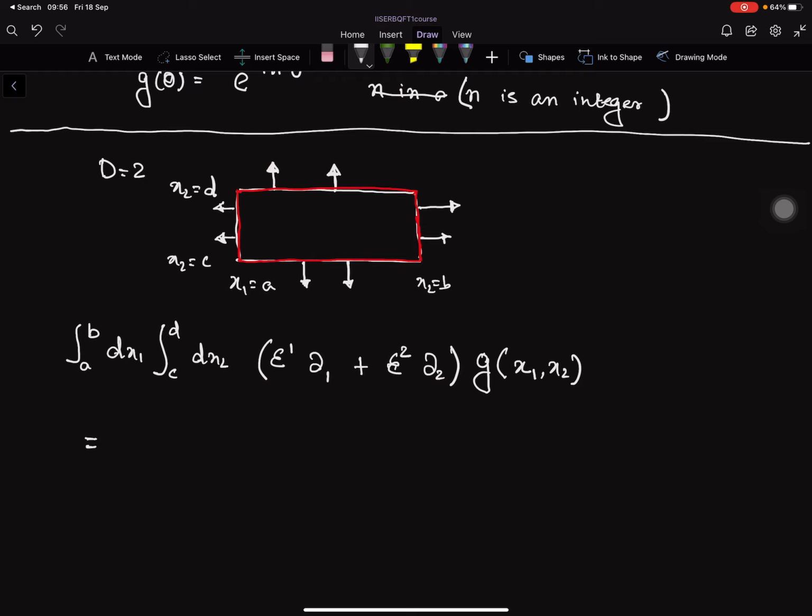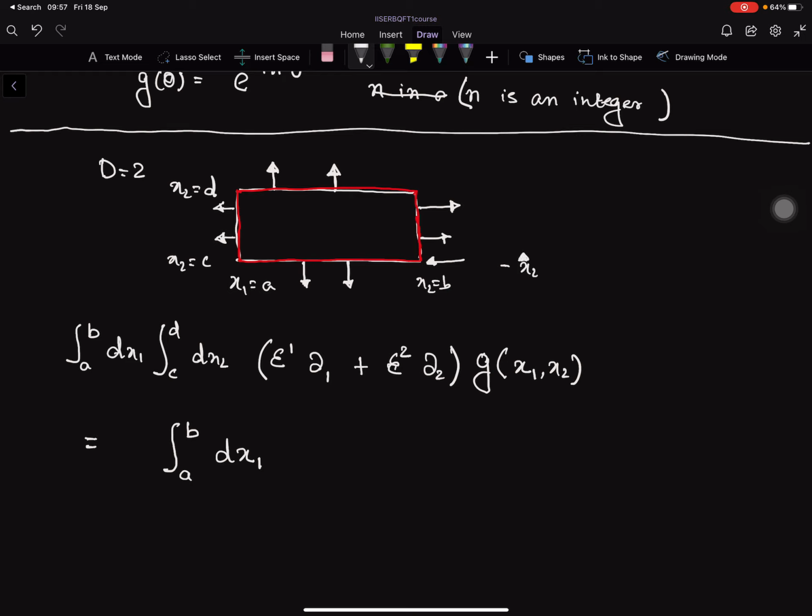So let's say you first restrict to this boundary. Along this boundary, x2 is fixed, right? x2 is constant, and x1 changes value from a to b. So then you have the integral from a to b dx1. In this boundary, the normal is just minus x2 hat, right?